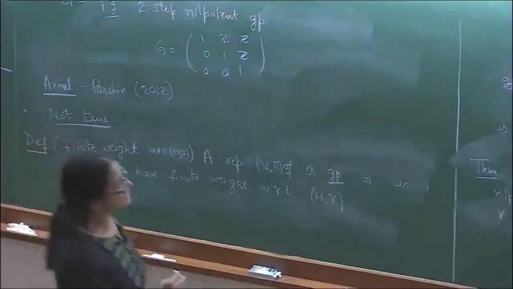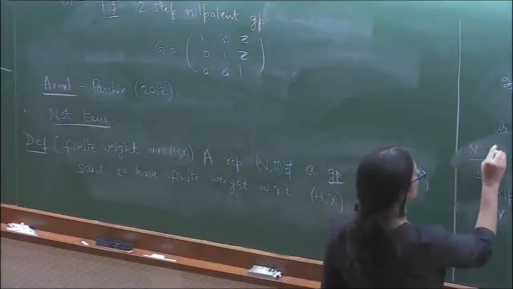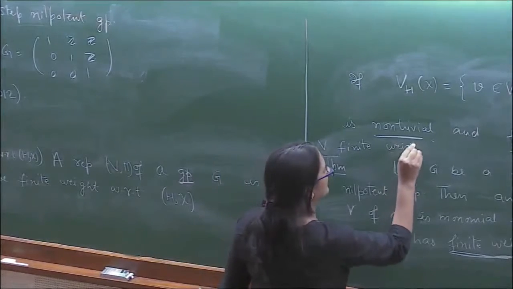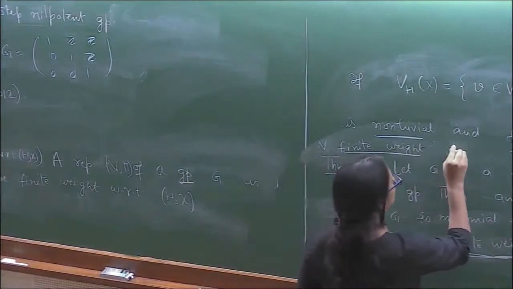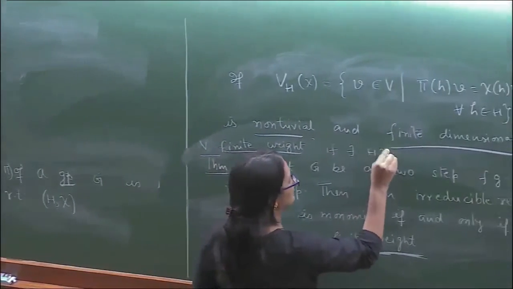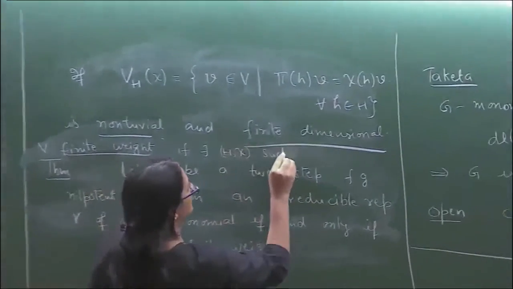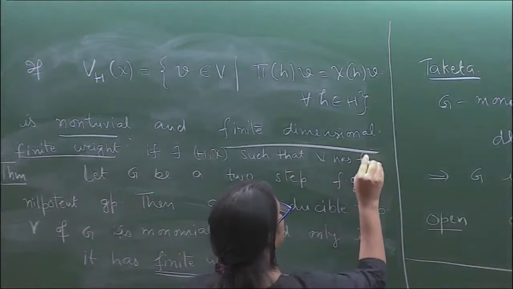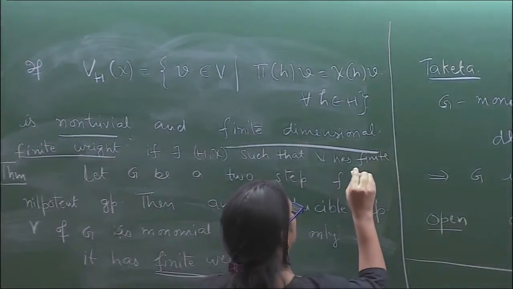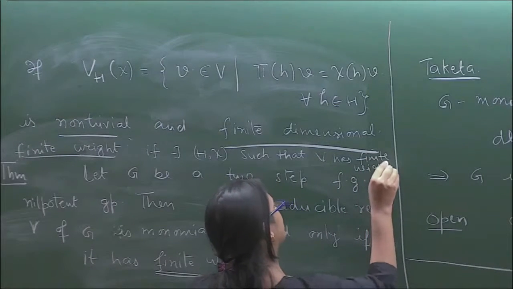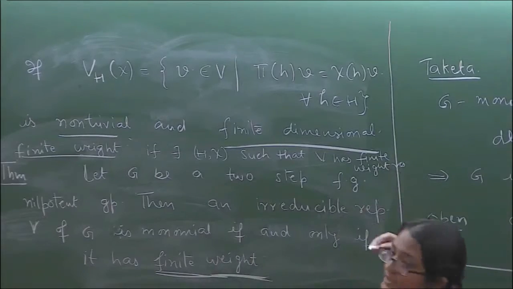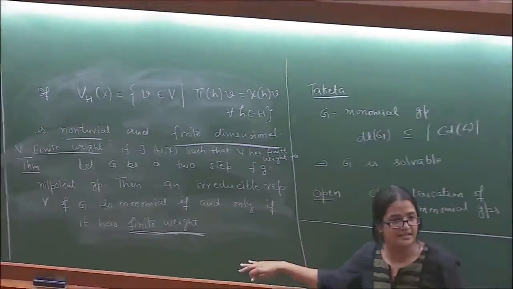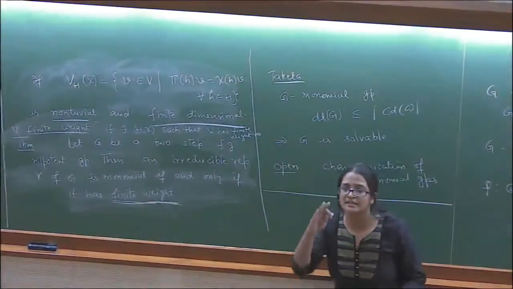And a representation V is called finite weight if there exists H, chi such that V has finite weight with respect to H, chi. So that just says that there is one H and chi such that this condition is satisfied. There is no condition on H.